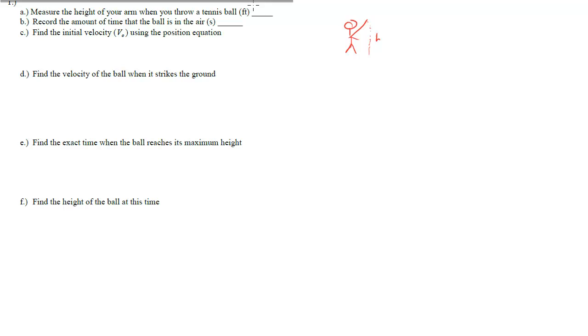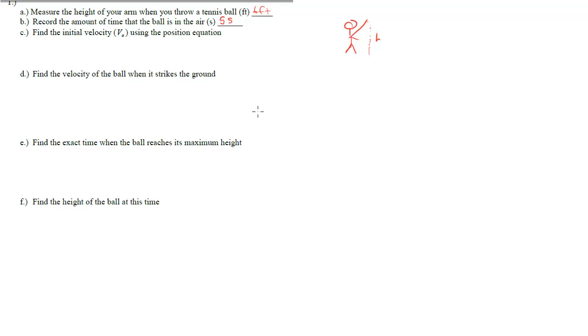Okay. Let's see what's reasonable for that. I don't know, height of arm in the air, let's say 6 feet, if you're on the shorter side. Record the amount of time that the ball was in the air. Say 5 seconds.